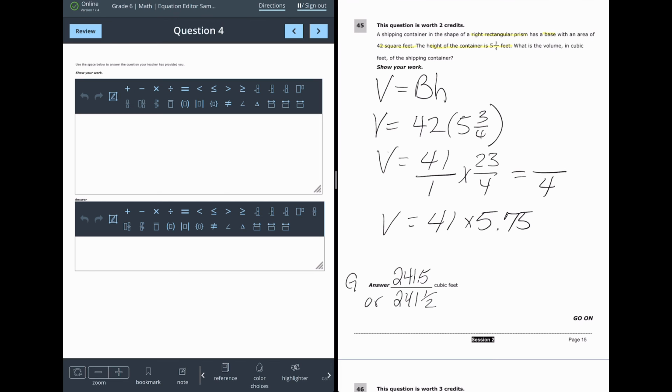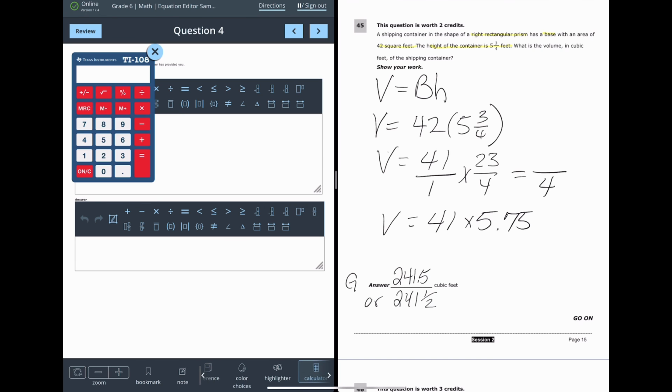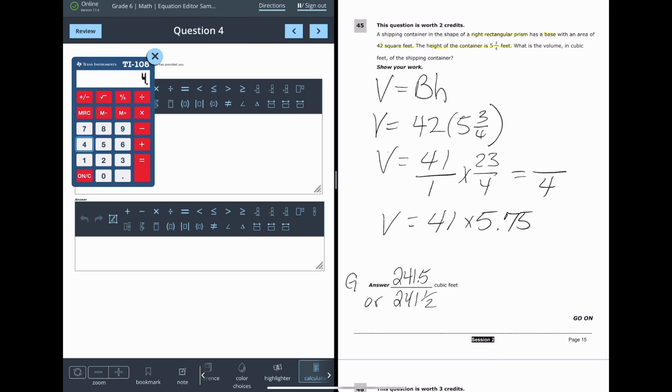So if you did it as a fraction, you're going to end up with, let's get our calculator going. There we go. 23 times 41 is equal to, oh wait, sorry, I have 42. Just realized that. Sorry about that, math marbles. 42. So let's clear that out. 42 times 23 is equal to 966.